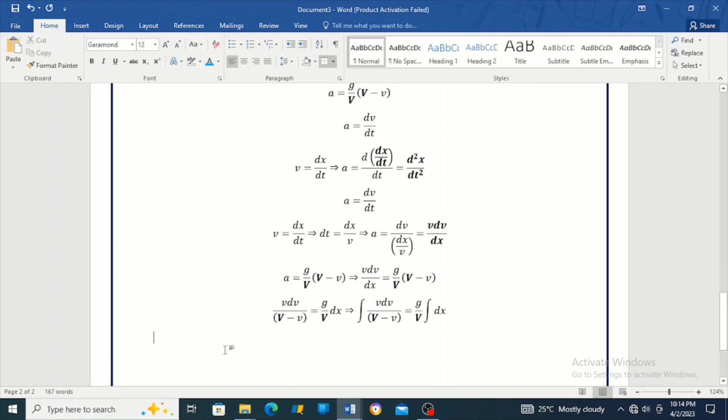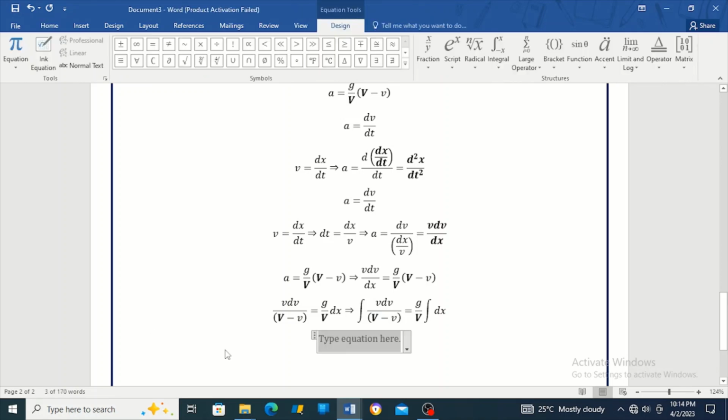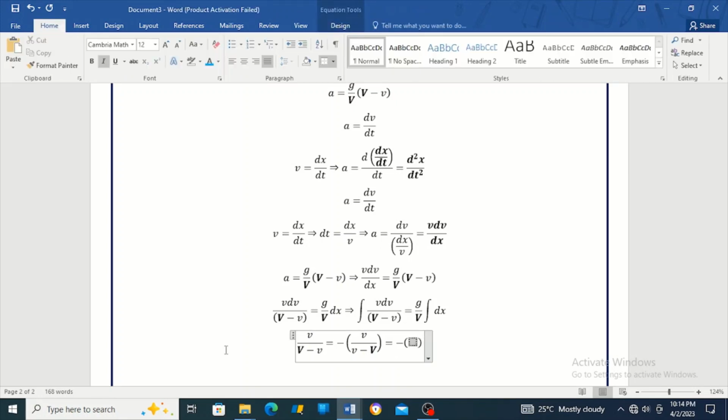So firstly, we are going to rewrite it. We need to do partial fractions, but I'm going to do it in an easy way. So v divided by capital V minus small v can be written as negative into v divided by v minus V. Now it all depends on you. You can either do your partial fractions, or that is via long division, or you do what I'm about to do. So I'm going to make the denominator to be in the numerator.